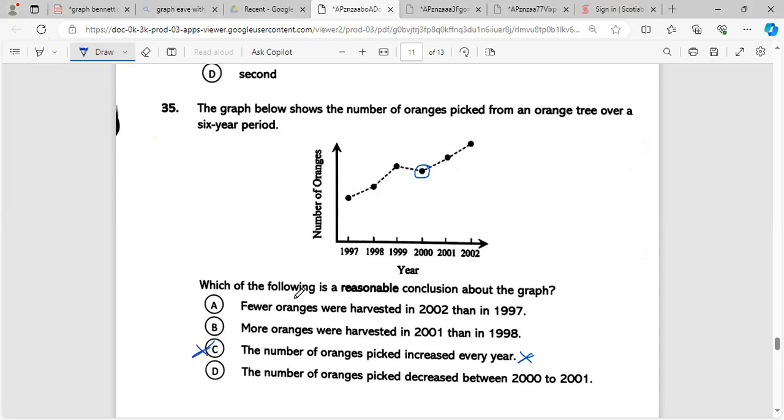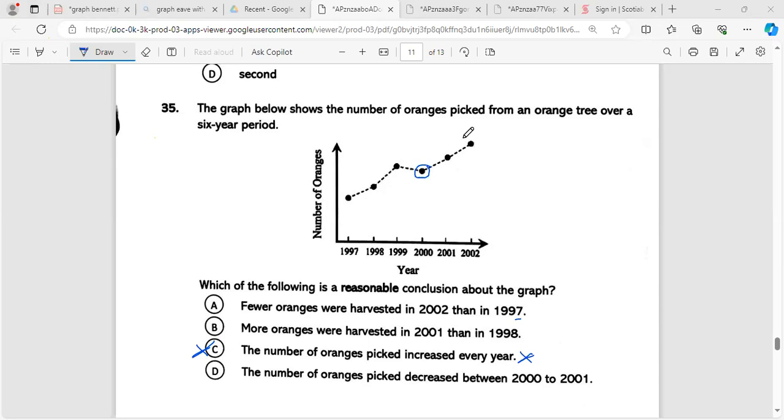But let's just look at A. And I want you to look at them one by one, just like how Kira did it. I like that. Fewer oranges were harvested in 2002 than in 1997. So what they wanted to do here is to compare the two years. So let us go to 97 and 2002, and then we can make our decision. 2002, it's way up here.